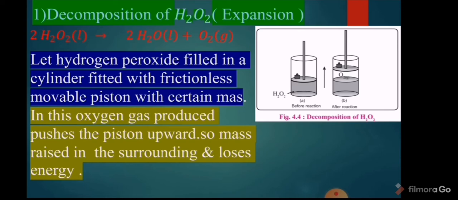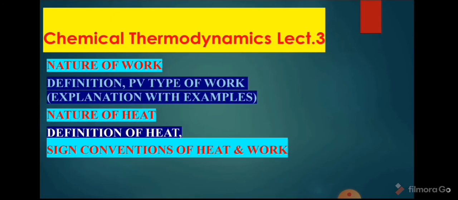2H2O2 gives 2H2O plus O2 gas. In this, oxygen gas is produced as shown in figure B, that is after the reaction. That gas pushes the piston upward, so the mass is raised in the surrounding and the system loses energy.